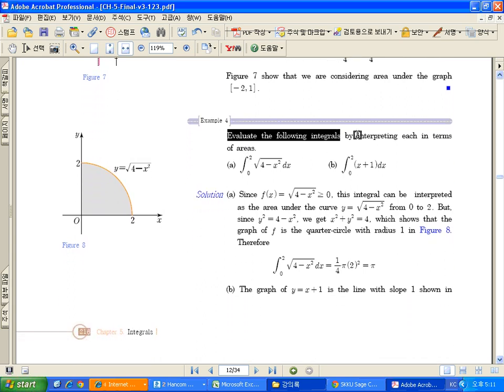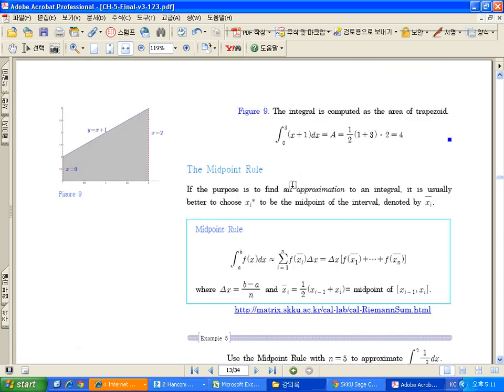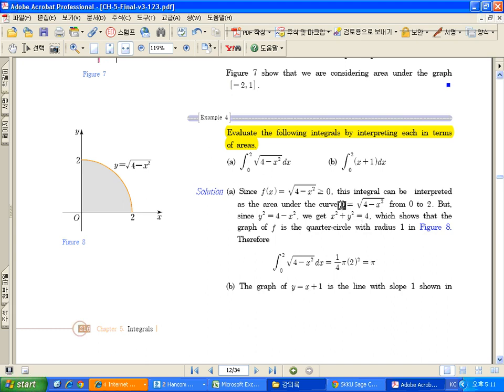Evaluate the following integral by interpreting each of the terms as an area. So find the area of this one. How do we find it? This is a quarter of a circle with radius 2.